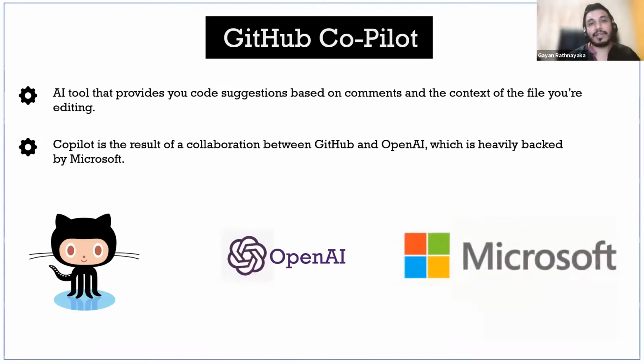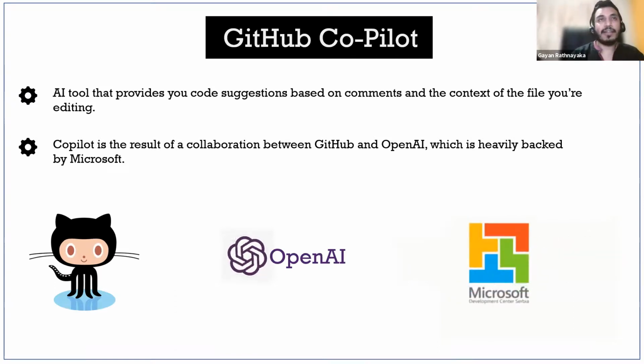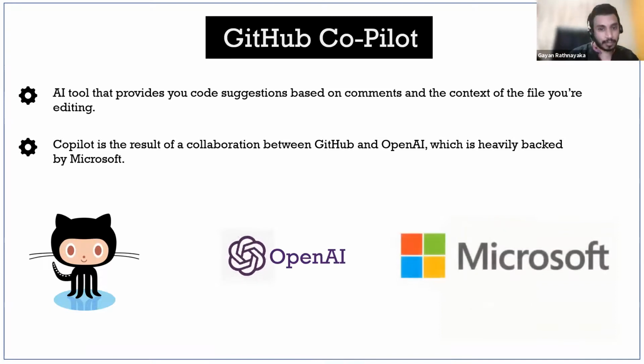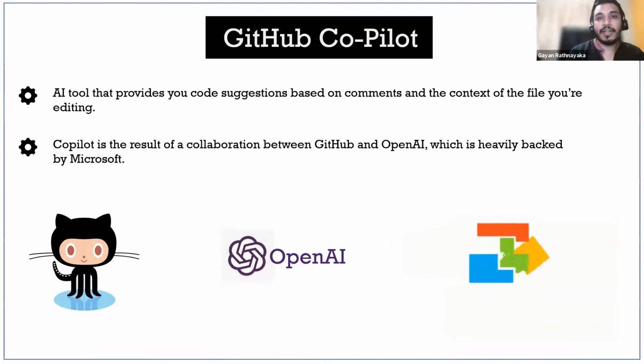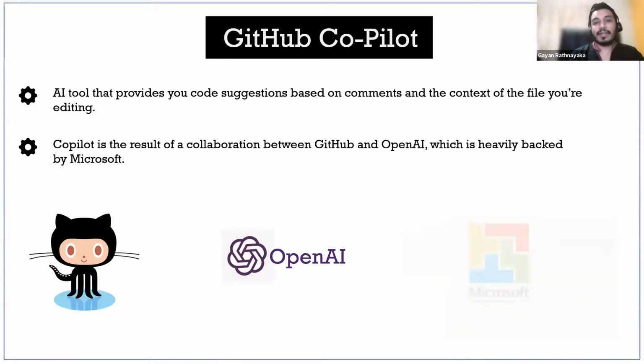Okay, so the Copilot program is a collaboration between GitHub and OpenAI. Obviously, GitHub is now part of Microsoft. They made a $1 billion investment, not in the GitHub Copilot program itself, but in OpenAI.